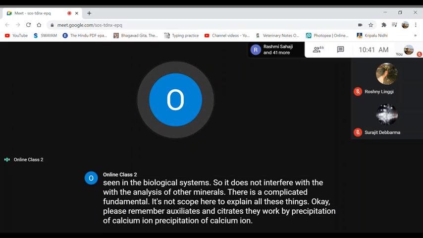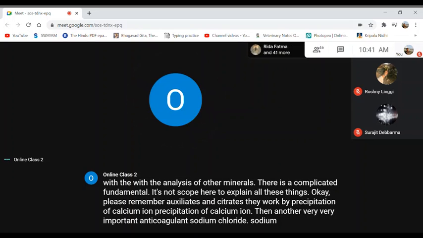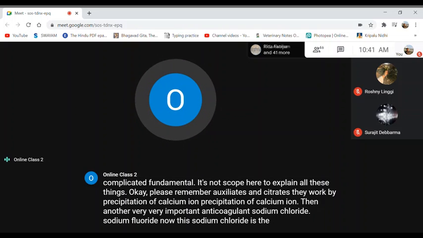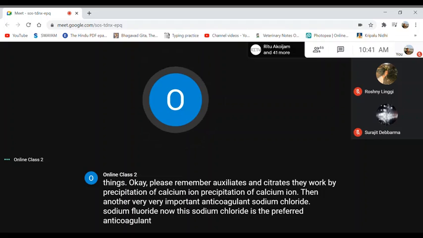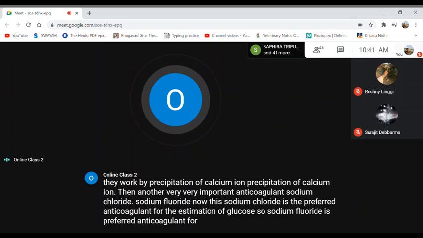Then another very, very important anticoagulant, sodium fluoride. Sodium fluoride is the preferred anticoagulant for the estimation of glucose. Why?